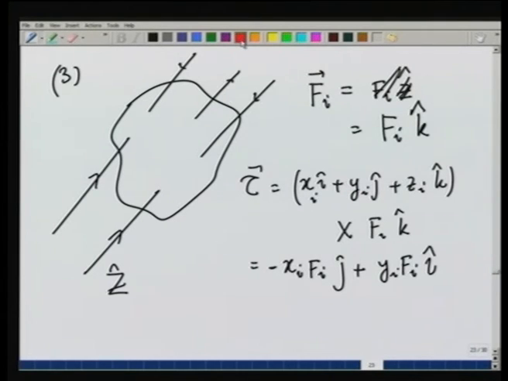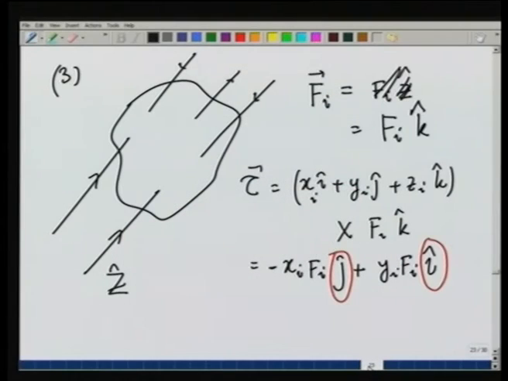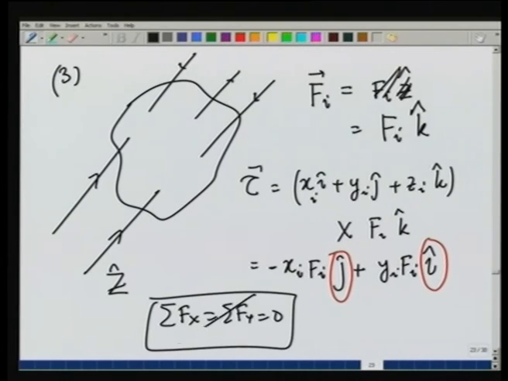So, this also has components only in x and y directions. So, I need not worry about the z component of the torque. Since there are no components of the force in x and y direction in this case, summation f x is equal to summation f y is equal to 0 is automatically satisfied. I need not consider it.